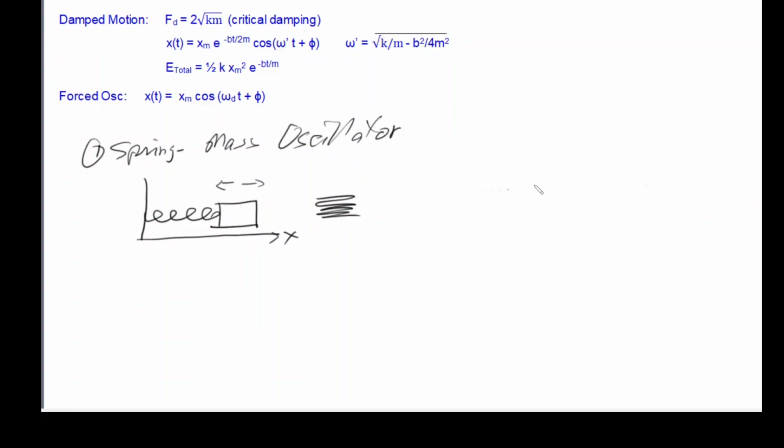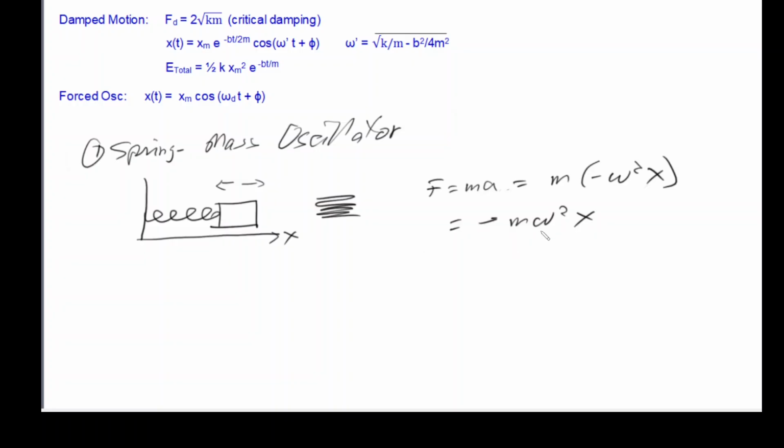So what can we determine about this system? Well, we know force equals ma from Newton's equations, which for a spring mass is equal to m times minus omega squared x. So basically, the force is minus m omega squared x.